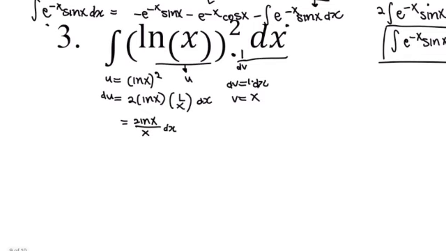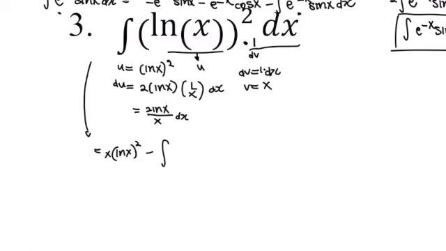Okay, and then what's u? u is ln x to the power of 2. So ln x to the power of 2 multiplied by v, which is x. And then minus integral of v and then du, which means x times 2 ln x over x dx.